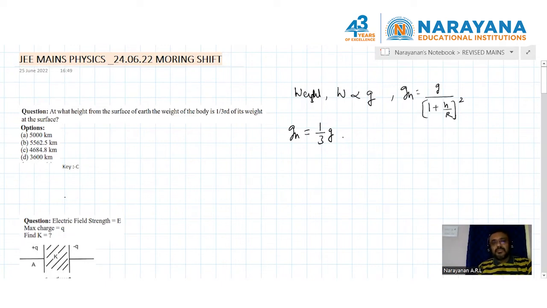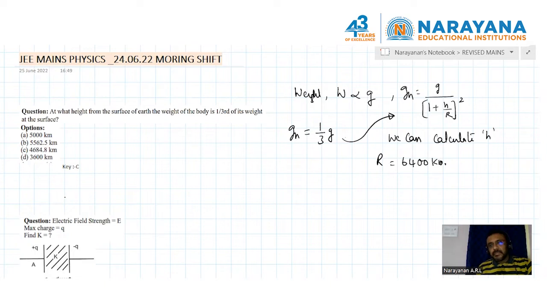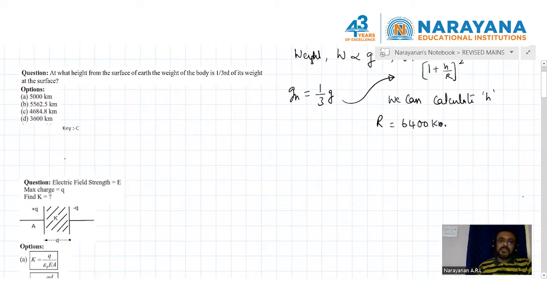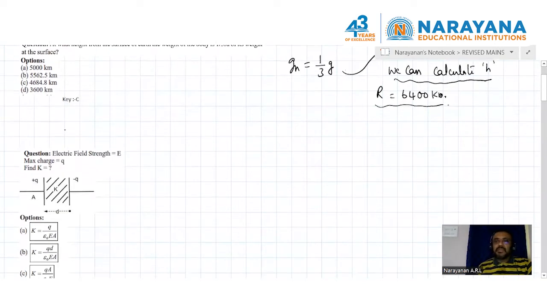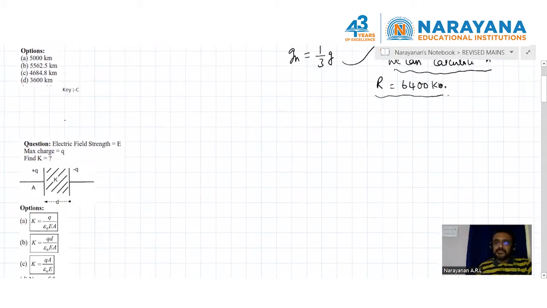On substituting the value of g_h in this expression, we can calculate h. Here the radius of Earth will be 6400 kilometers. Once we know the value of R, we can calculate height h with the above relation. It's just a substitution of formula.